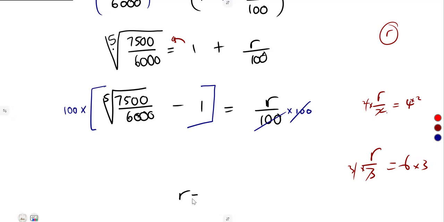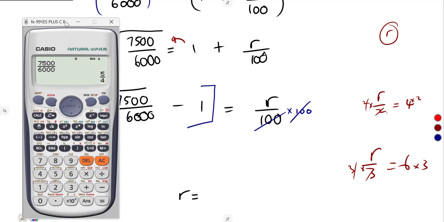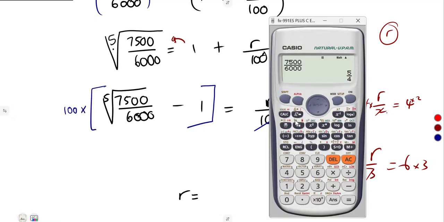So our r is as a percentage. You can work out this bracket and see what you're going to get as a decimal. On the calculator, the fifth root: press Shift, then this x to the exponent of unknown key. This is going to give us this indication. So you can put 5 there.